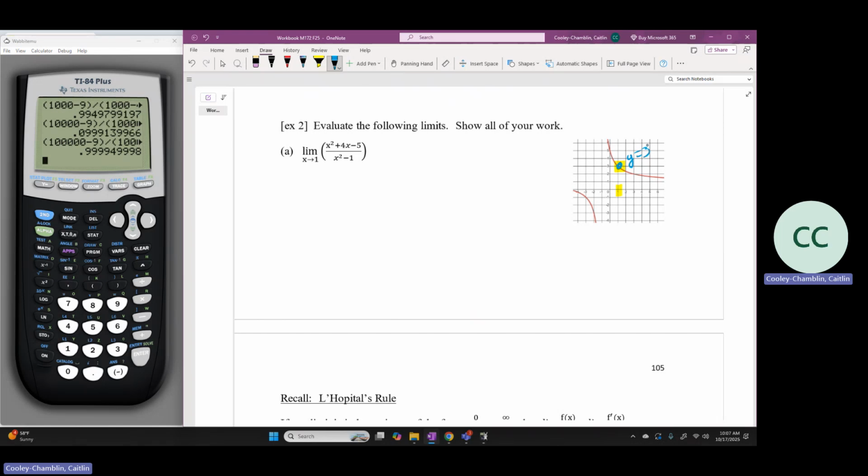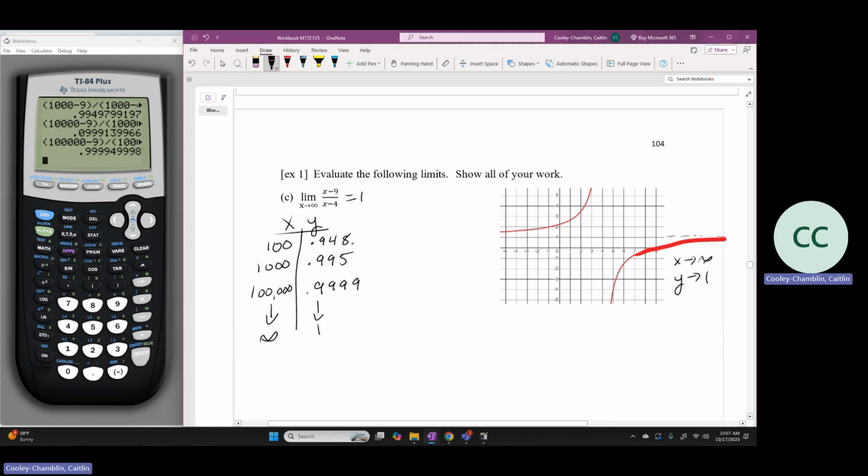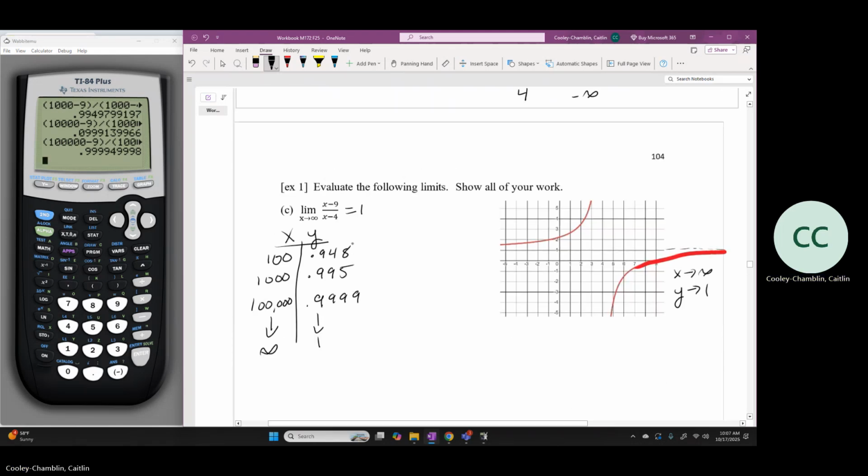So how would we do this? The first way we can do this is a t-table. The first way we would normally do this is to plug 1 in. I'm jumping ahead and assuming that we already know that it's not going to work.